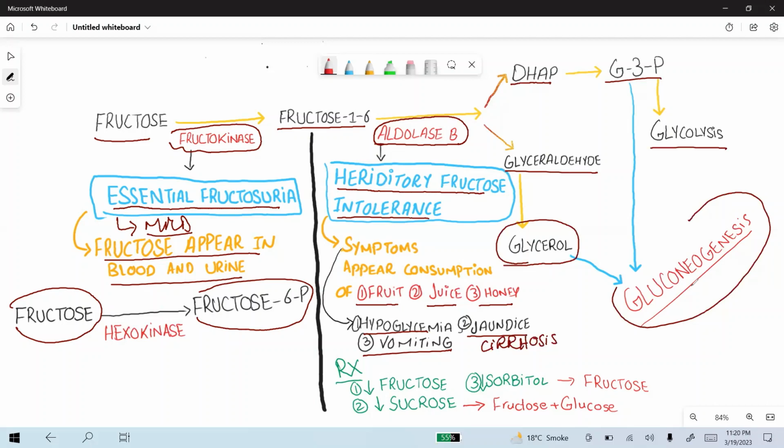The treatment of hereditary fructose intolerance is to decrease fructose intake, decrease sorbitol intake, because sorbitol is converted to fructose by sorbitol dehydrogenase, and decrease intake of sucrose, because sucrose metabolism produces fructose and glucose.